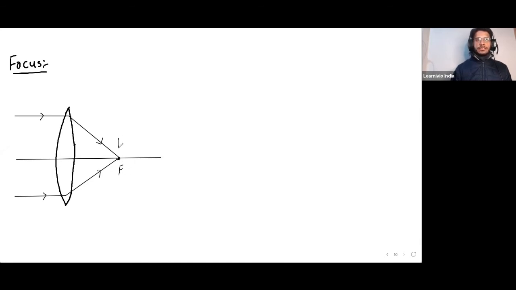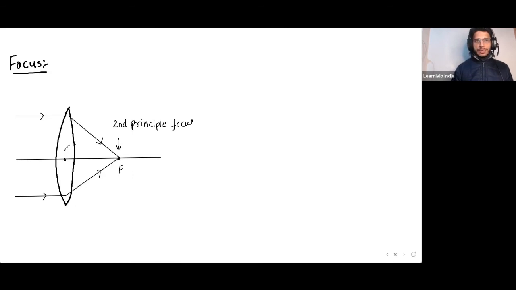This point is known as the second focus, or its full name, second principal focus of the lens.